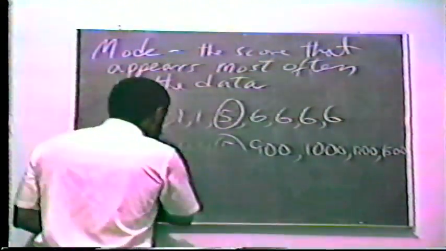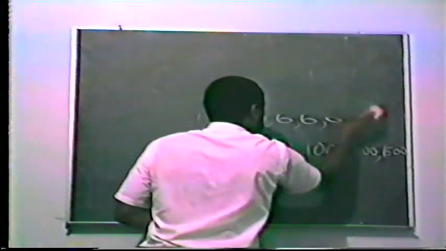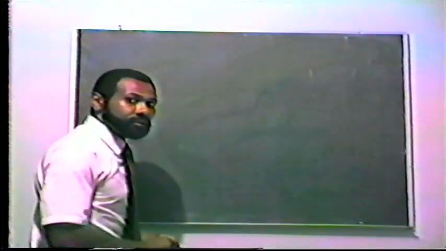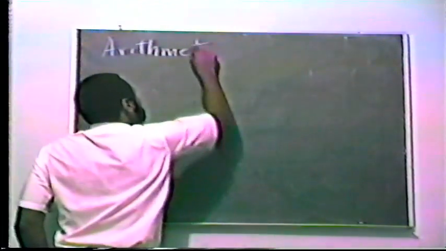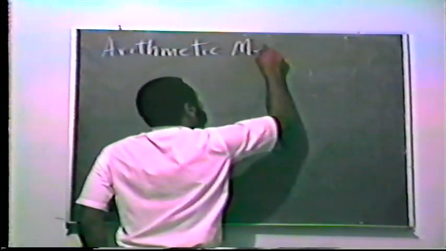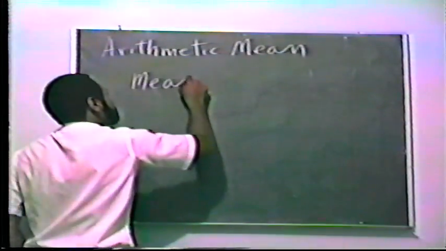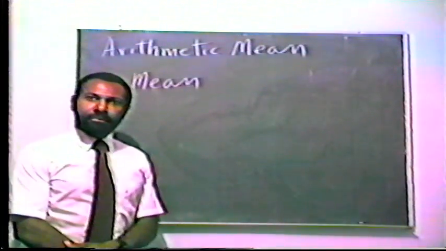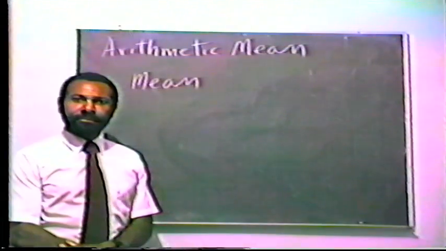The last measure of central tendency that we're going to discuss is what we call the mean, or is sometimes referred to as the arithmetic mean. For the arithmetic mean, we have a formula.